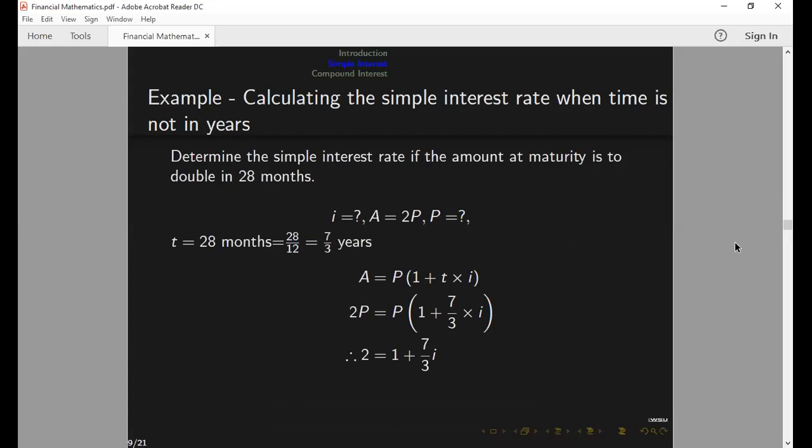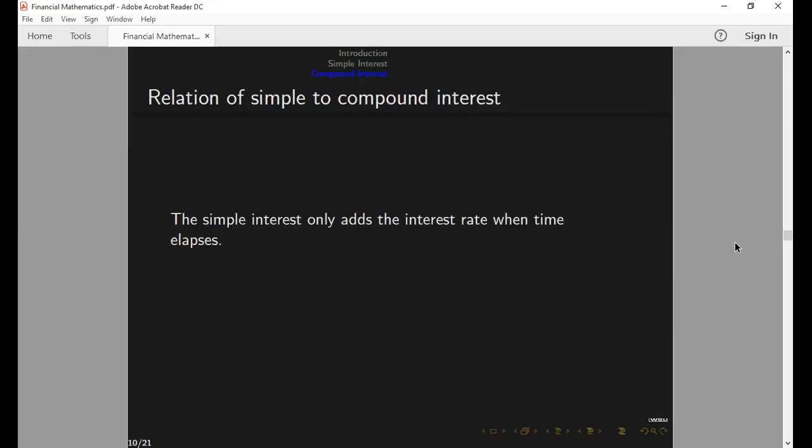Divide throughout by P, and then we've got those values. We take one to the other side, and then we've got I being 42.86%. And that is how we calculate the simple interest rate.